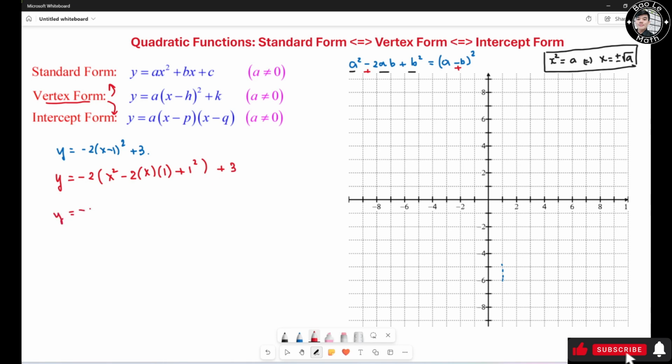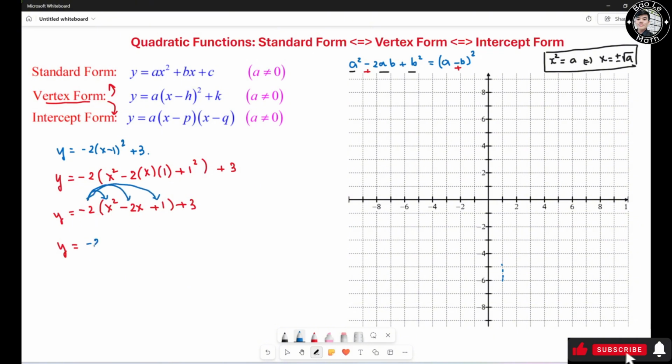Now I just simplify this one. y equals negative 2 times s squared, minus 2 times s times 1, which is negative 2s, plus 1 squared, which means 1, plus 3, right? And then I need to distribute negative 2, so it's negative 2 times this, negative 2 times this, and negative 2 times this.